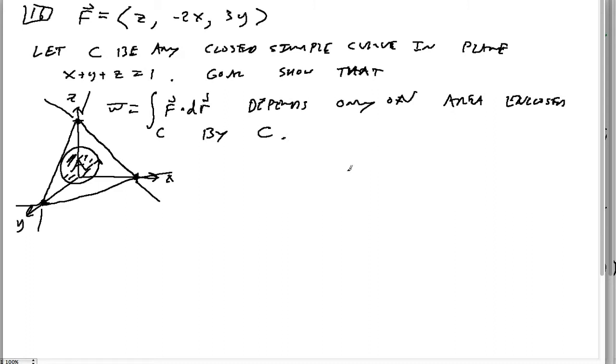Okay, so let's show that's true, and we're going to use Stokes' theorem.